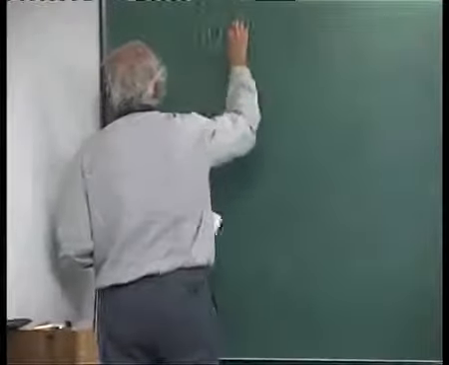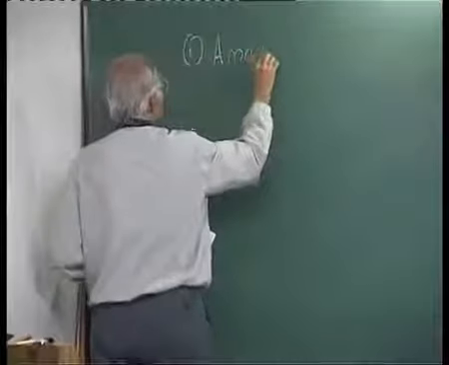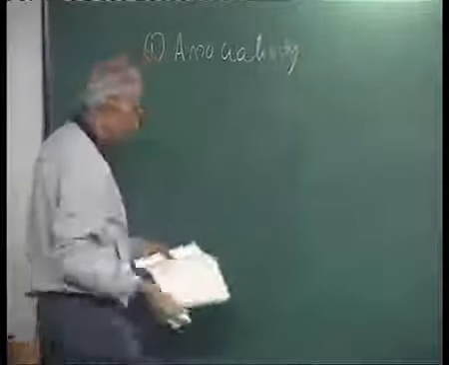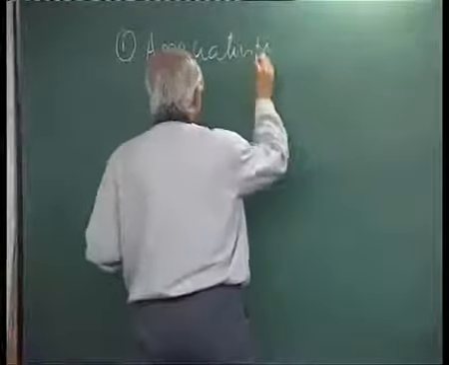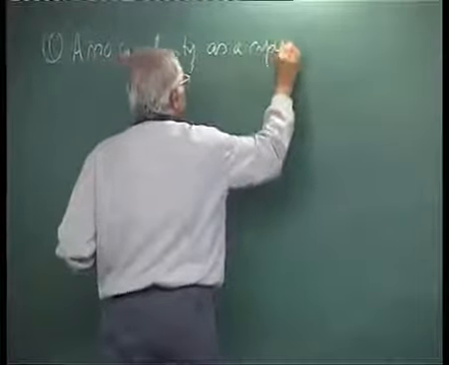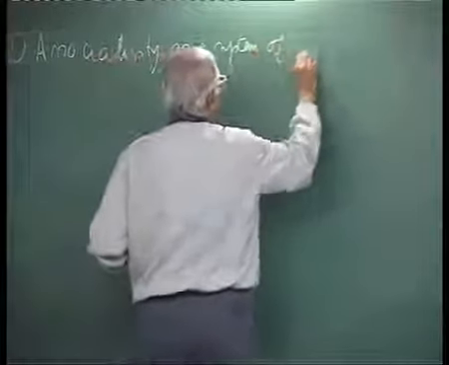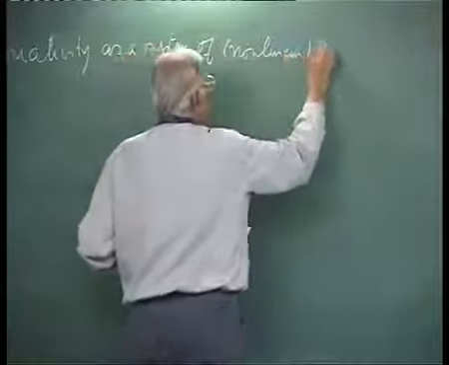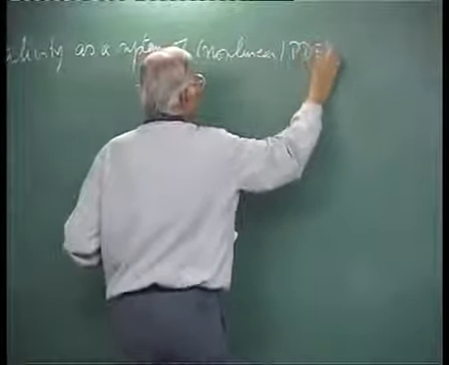So item 1, associativity. This is one of the key elements of group structure. We will see it can be expressed as a system of non-linear partial differential equations.